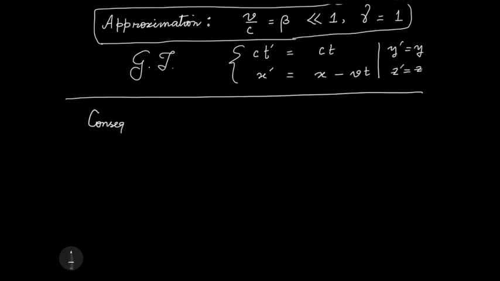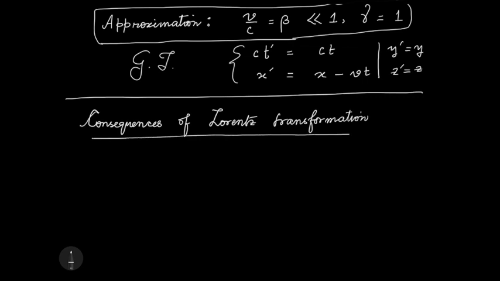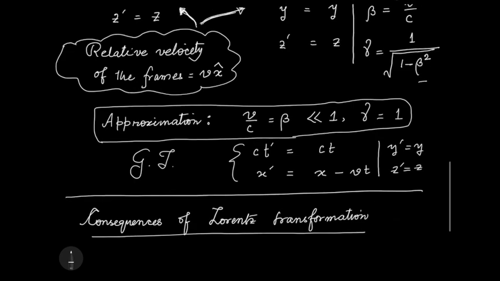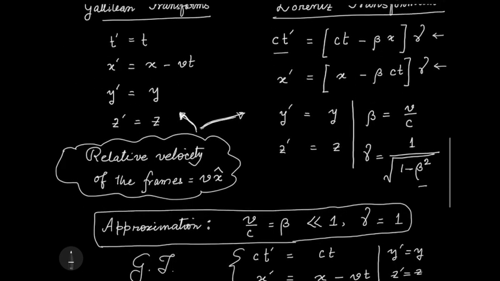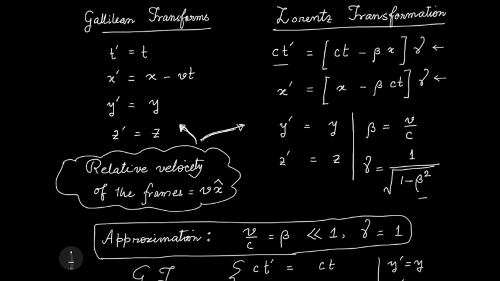So remember that we have considered two postulates of special relativity, and we have seen that time is a relative concept from a thought experiment which said that we have to change the Galilean transformation where time is not a relative concept.